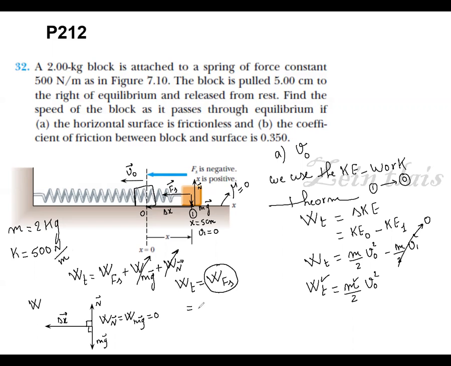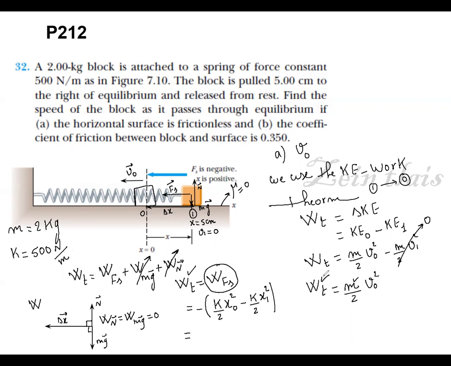It's equal to minus half K x final squared, taking between 1 and O, so O is the final point, x_O squared, minus half K, the initial point at position 1. So we can calculate omega total here.